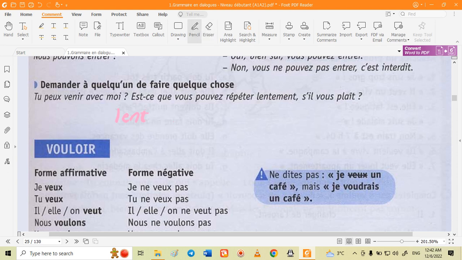This is slow. It's an adjective. Lentement is an adverb.